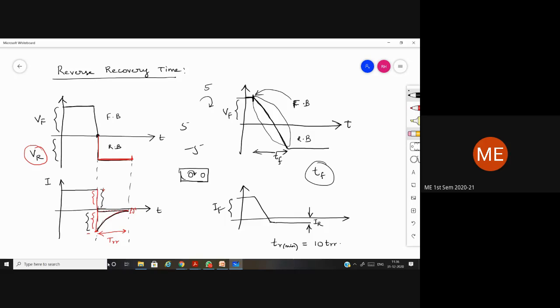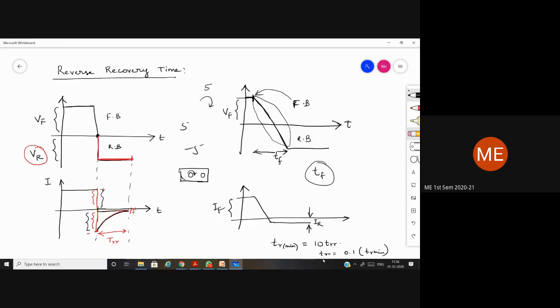So it is taking this much amount of time. Actually TRR should be 0.1 times TR minimum. That means only this much amount of time it should take to come back to the reverse saturation level.